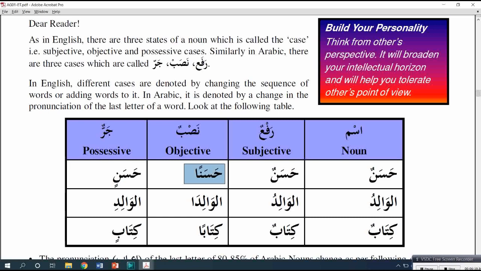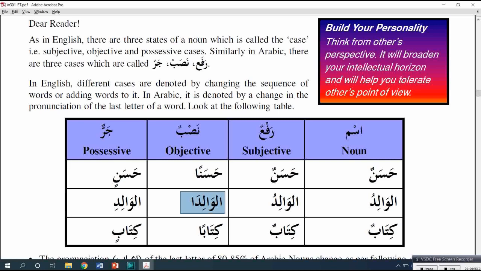Now see another word, al-walid. Walid means your father. If it is subjective, it will be al-walid. But if you are taking some action toward the father, al-walida, as in please request from your father, which means you have to take some action.